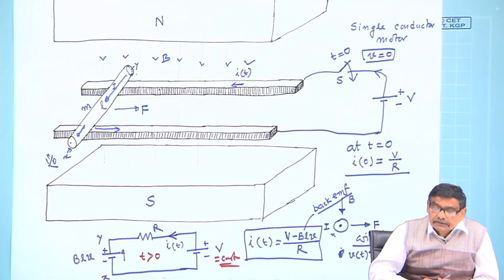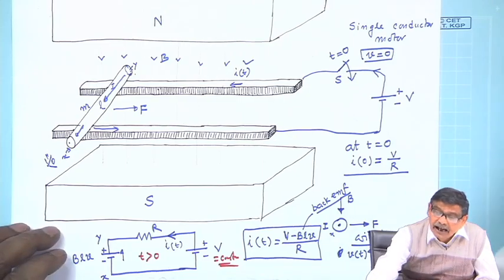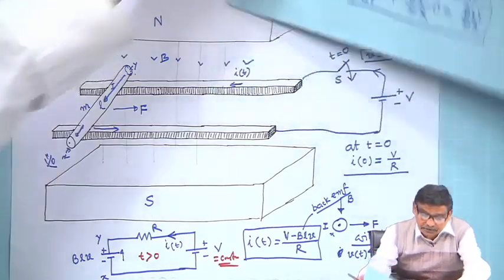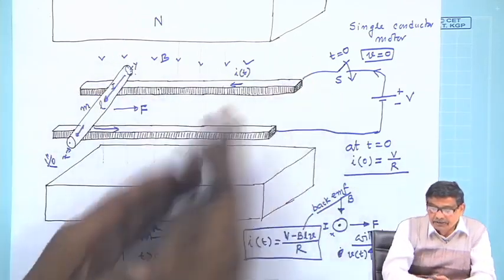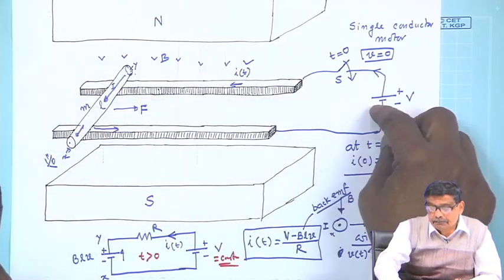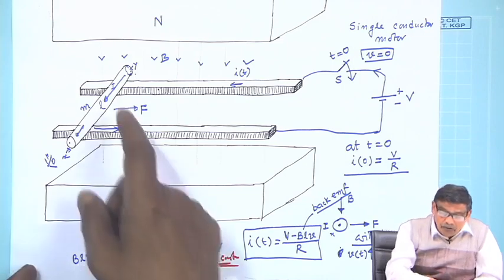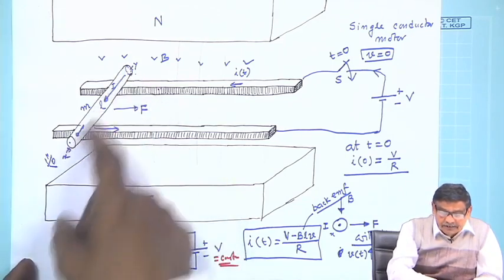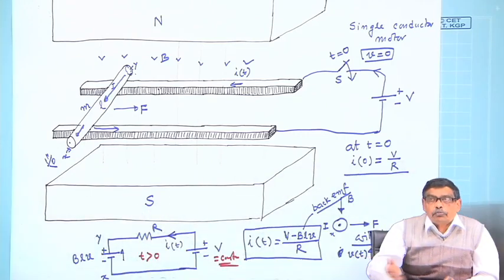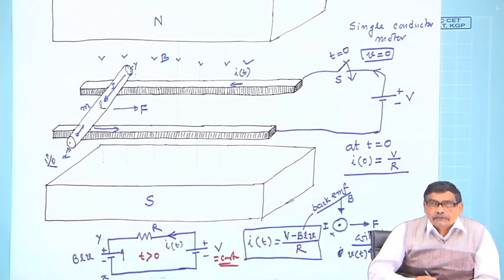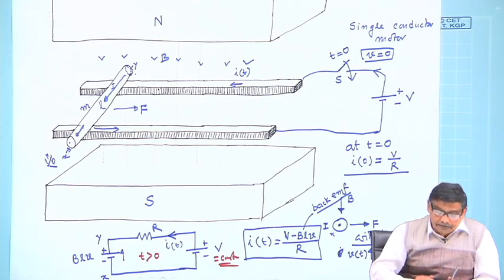That is, suppose I suddenly change this battery voltage. It was moving constantly under no load condition, and suddenly this V is doubled. Then how once again will this conductor attain a new speed? I think you are getting the problems, very interesting problems.